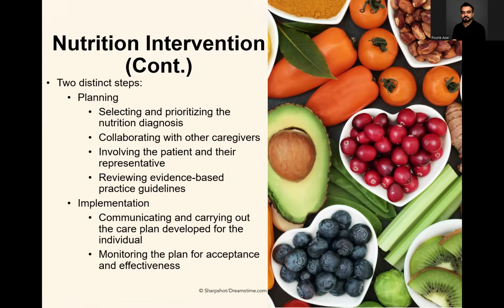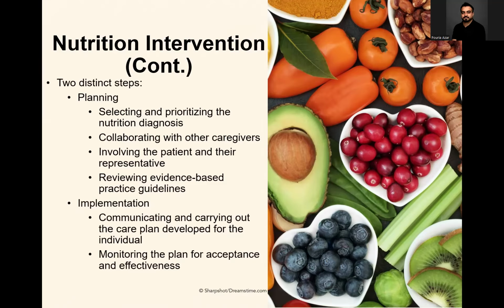So by planning, we are selecting and prioritizing the nutrition diagnosis. Sometimes some patients can have multiple nutrition diagnoses. So that's all up to the dietitians and RDNs to prioritize the nutrition problem and then develop and plan and implement nutrition intervention.